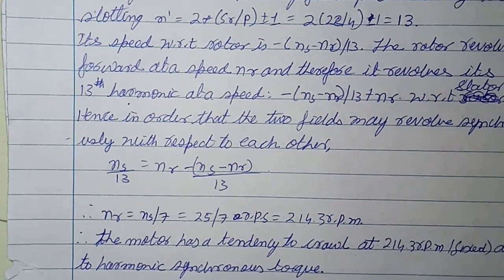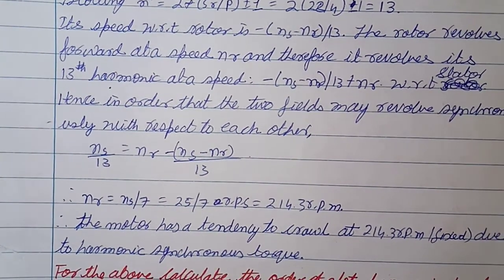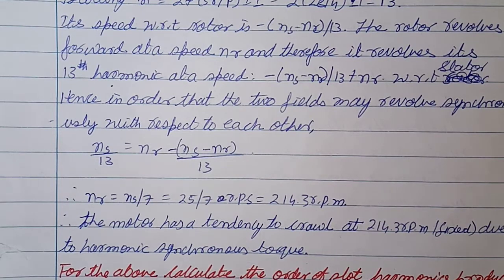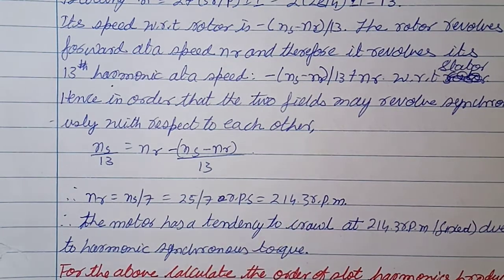So the motor has the tendency to crawl at 214.3 rpm, which is fixed due to the harmonic synchronous torque. Conversion from rps to rpm is by multiplying by 60.